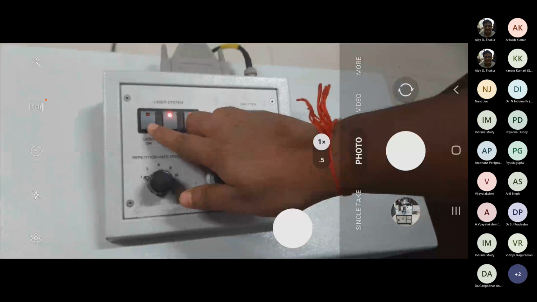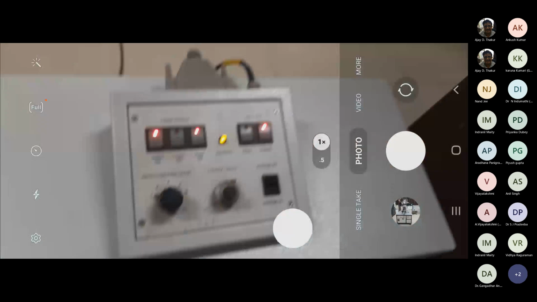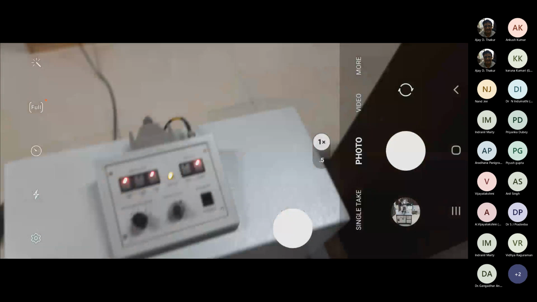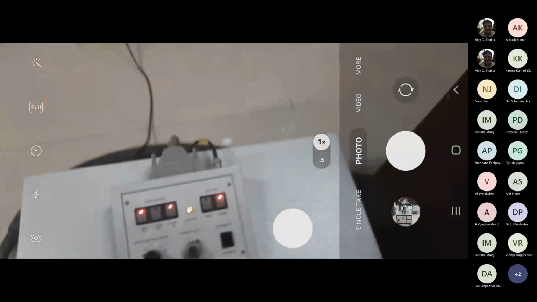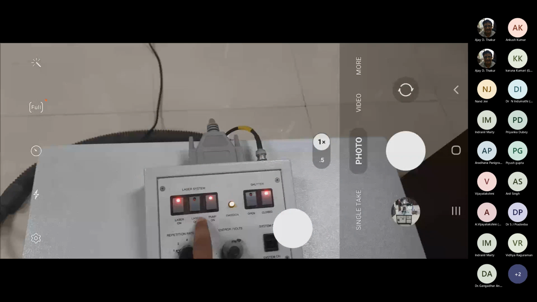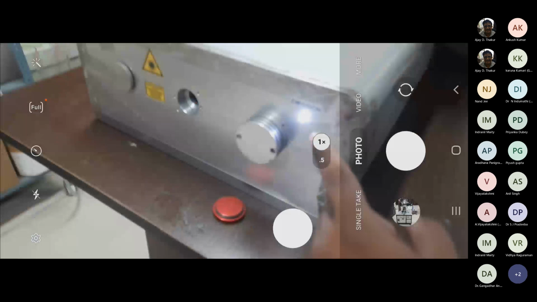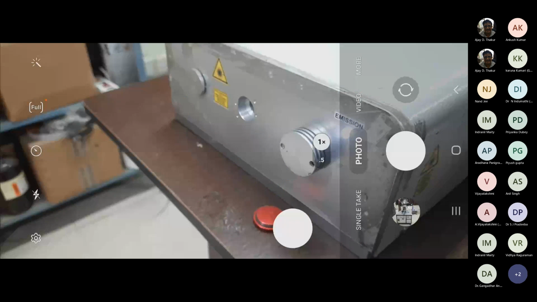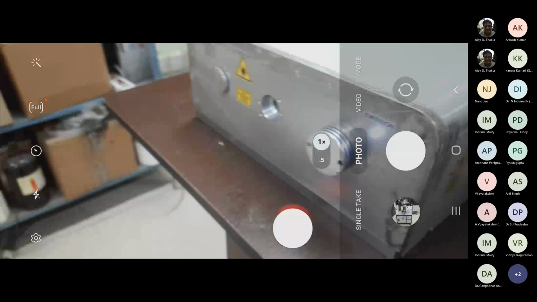You can see when I switched the laser on, the on light has been shown there, and then the emission light. So it is 15 to 20 minutes. I'll start the deposition, and how the deposition takes place I will show after that.